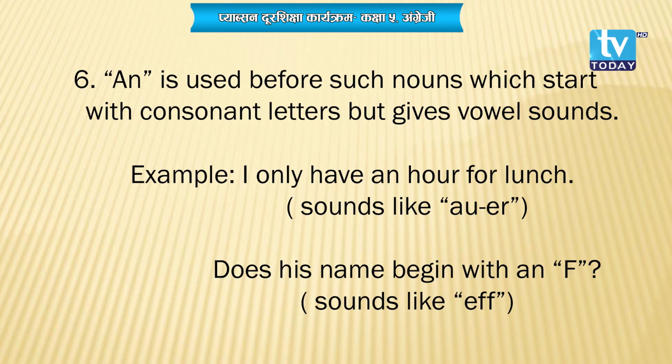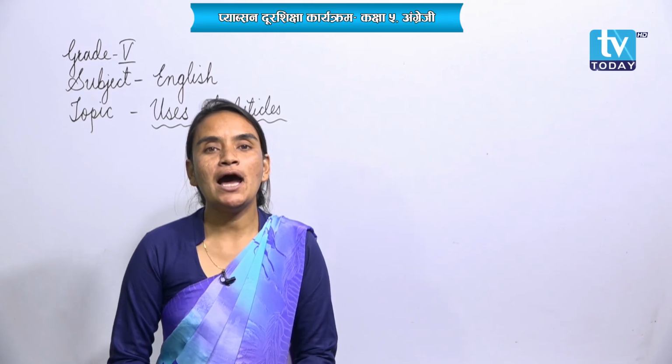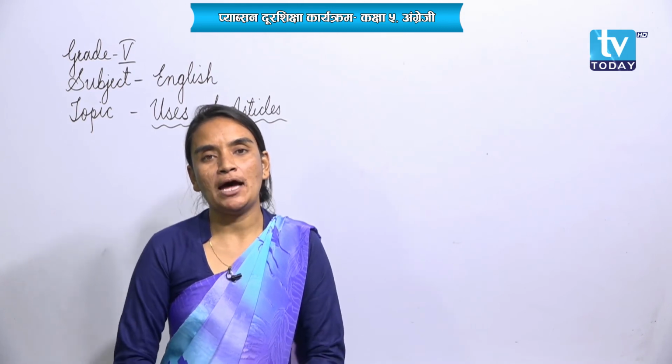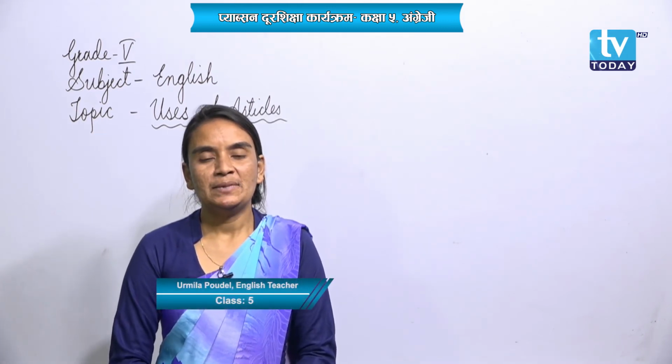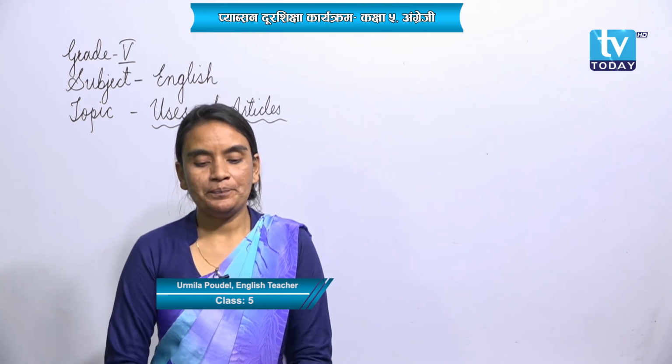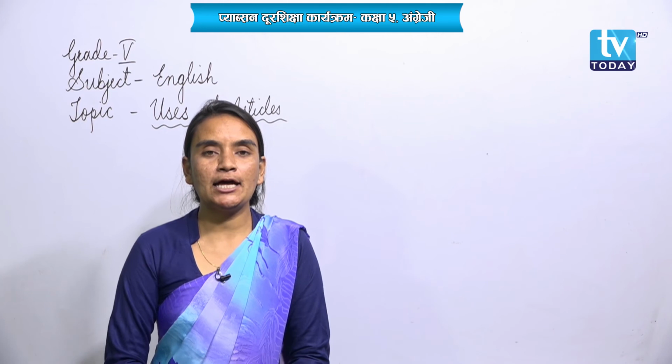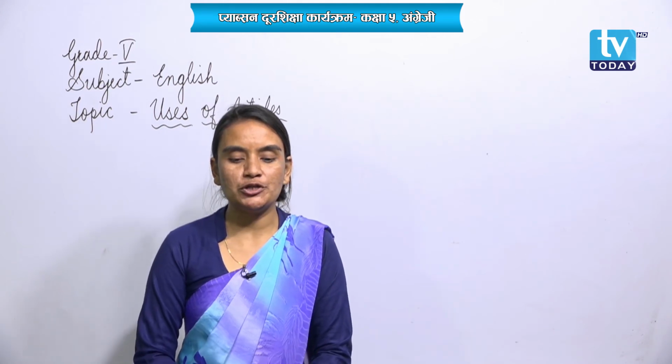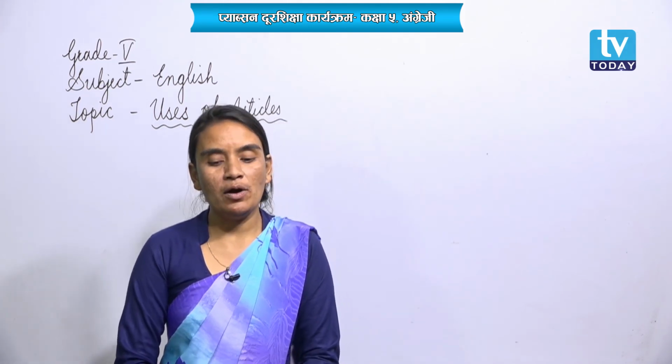Please check the options in the bracket so that you will get why 'an' is used. Here it sounds like 'eff', so we are using 'an' in front of it. Is it fine for all? Okay, now without any delay, we will go to one more rule for the use of a or an.